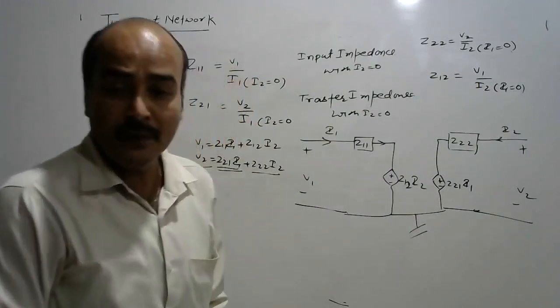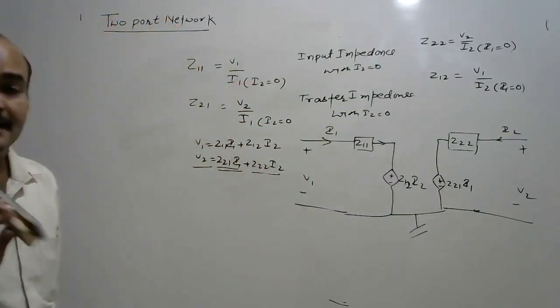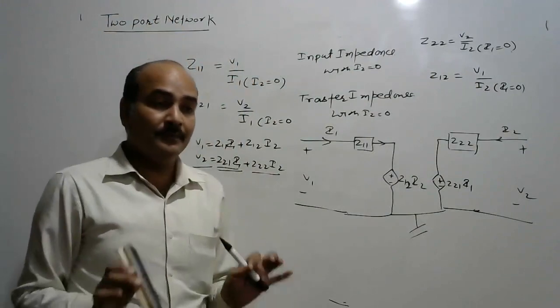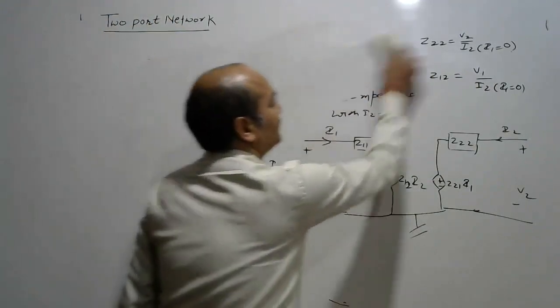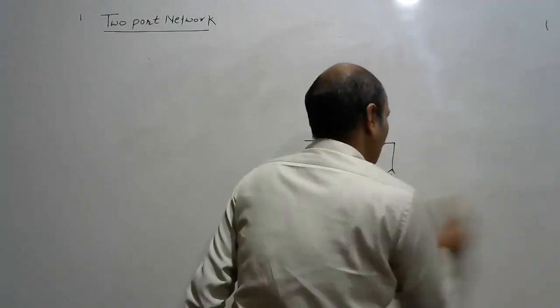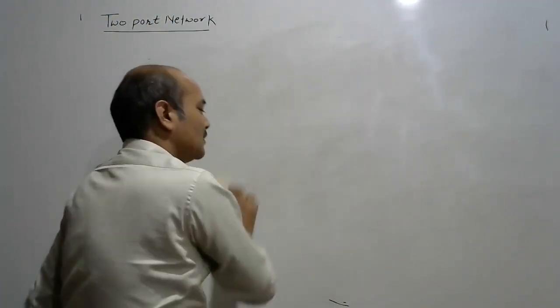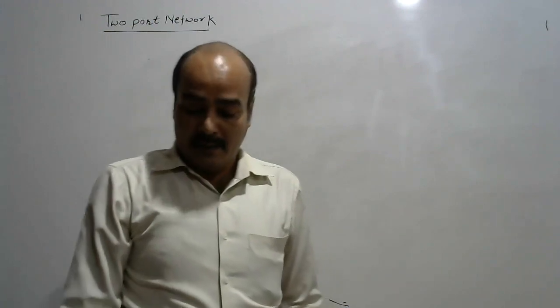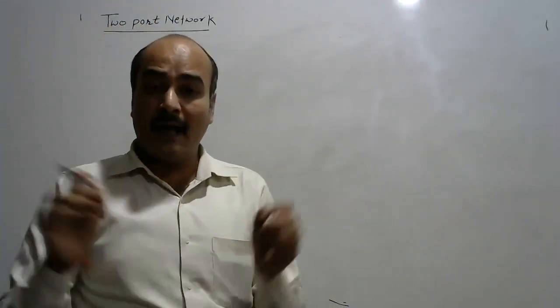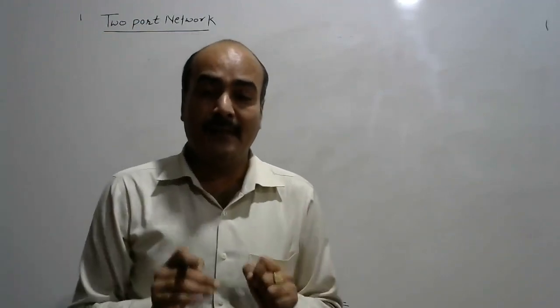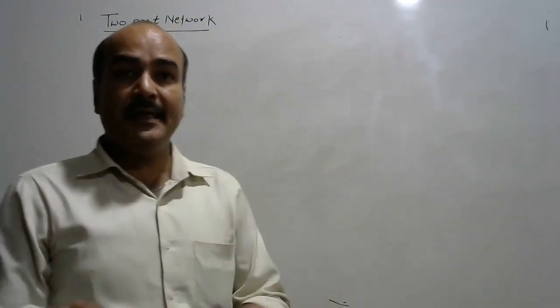Clear? Okay. Now we are discussing some important problems based on Z parameter. In Z parameter we have said that I1 and I2 are independent variables. So what is the physical significance of this?